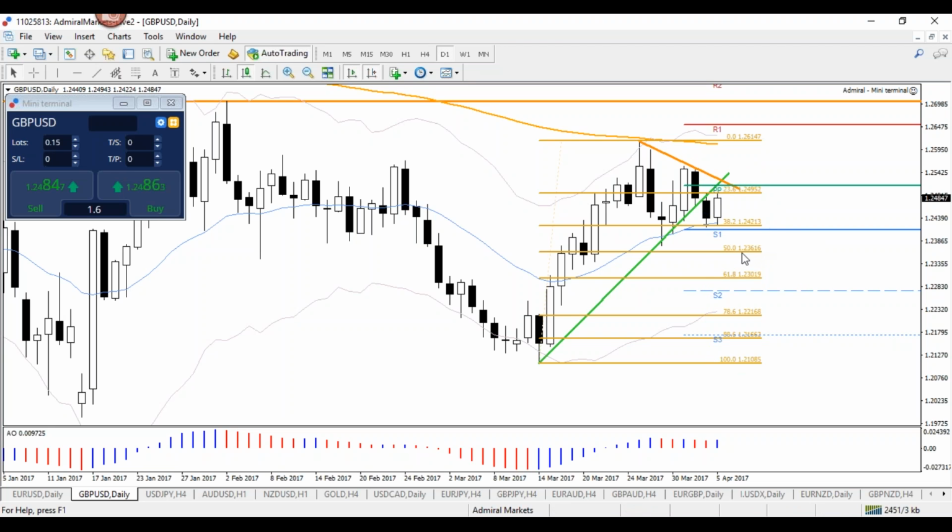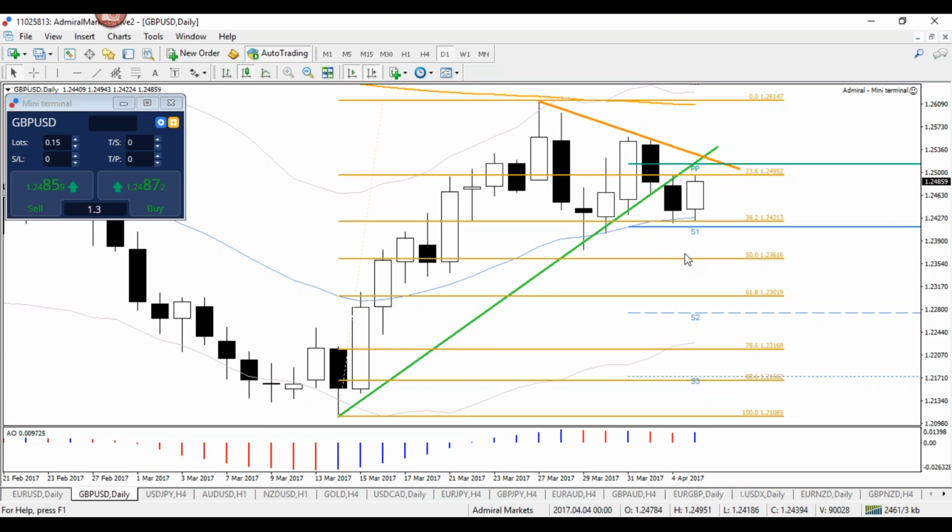So from this perspective, price is using the S1, seems to be going back to a confluence of resistance at this point. As you can see, price has a weekly pivot point, a broken trend line, a resistance trend line. So let's see how price responds at that weekly pivot point.